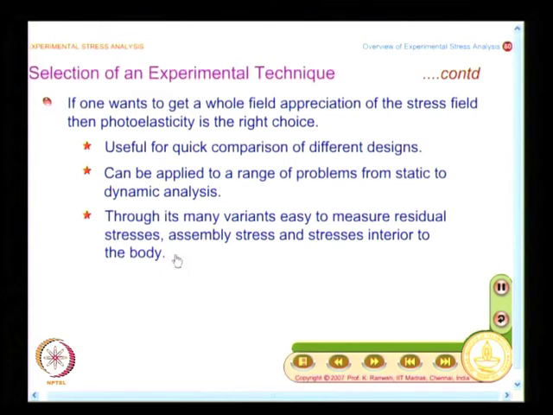In fact, among the various experimental techniques, it is only photoelasticity that has been successfully used for a variety of problems to find out stresses interior to the body through its unique process of stress freezing and slicing, which we will see when we discuss photoelasticity.